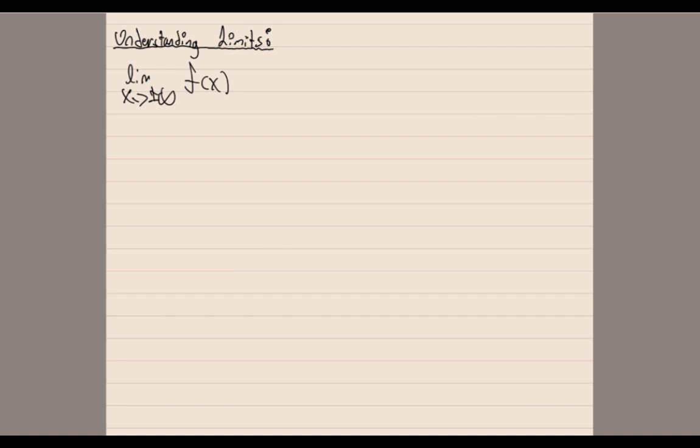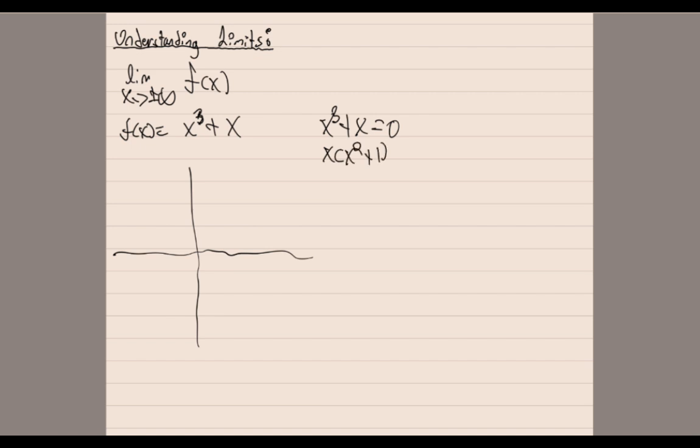Let's say we had a function like f of x is equal to some polynomial, x cubed plus x. If you graph this, I believe it has a root at 0 and nothing else.